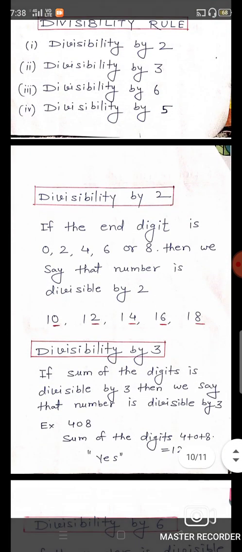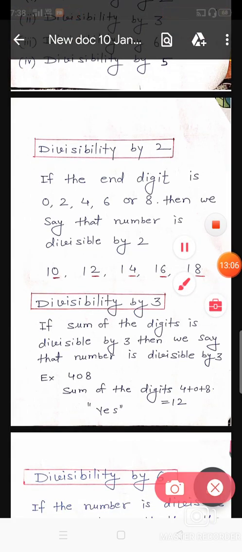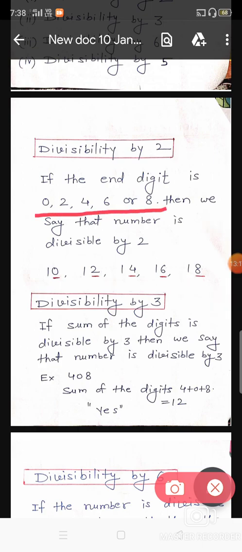Let's say divisible by 2. Very simple. If the end digit of any number is 0, 2, 4, 6 or 8, then we say that number is divisible by 2. Like 10. What is the one's digit in 10? 0. So it is divisible by 2. What is the one's digit in 12? 2. 2 is divisible by 2.